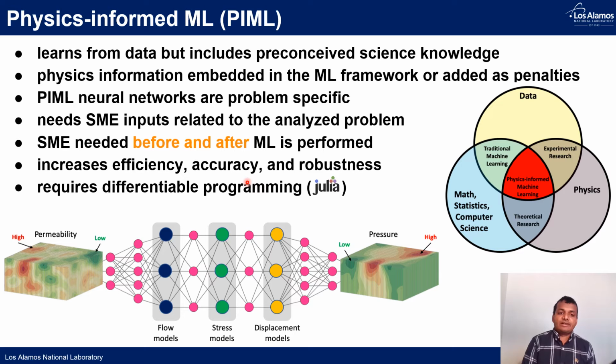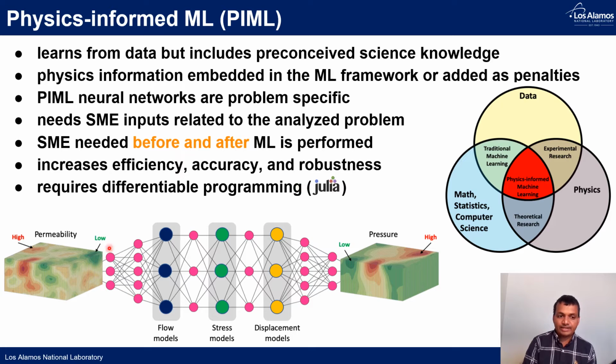And physics-informed learning basically learns from data, but it can include physics equations by adding them into the machine learning framework. But this is not general; it is very problem specific, and we need to include problem-specific equations. It needs subject matter expert inputs related to the analyzed problem. SME is needed before and after ML is performed, but it increases efficiency, accuracy, and robustness, and it requires differential programming.